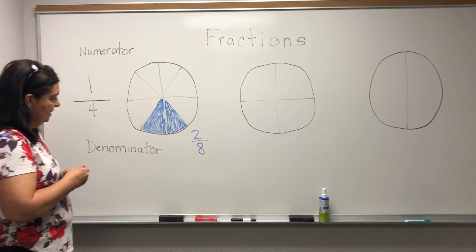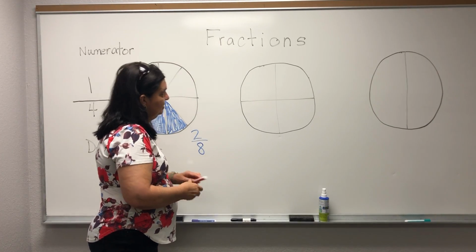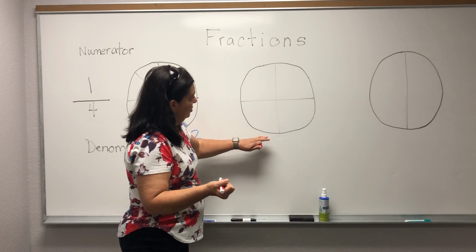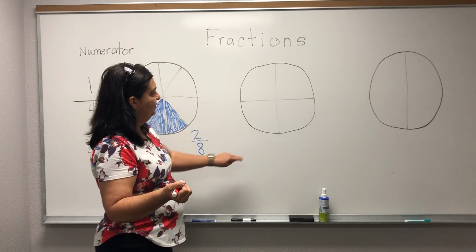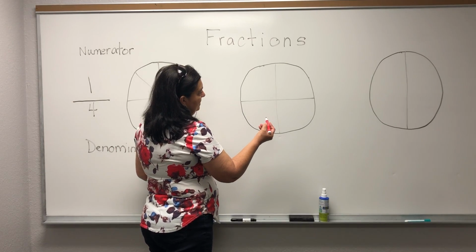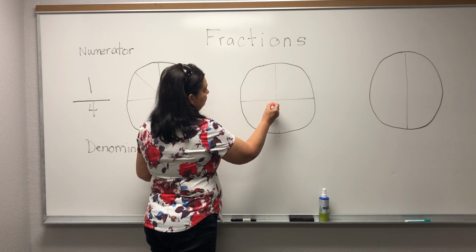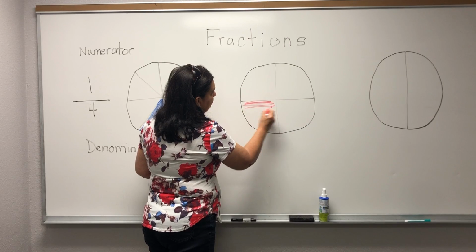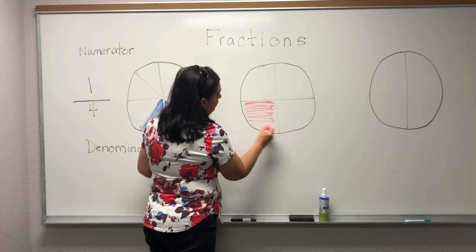All right? Now if we come over here, I'm going to use the red one just for fun. This is our pie. And remember you invited your other 3 friends over. So let's say you've decided to eat this whole big piece of pie.